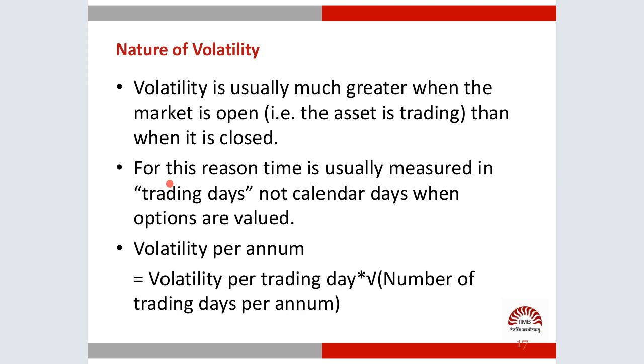Therefore, volatility per annum is nothing but volatility per trading day multiplied by the square root of the number of trading days in a year. And the approximate number of trading days in a year is taken to be 252.